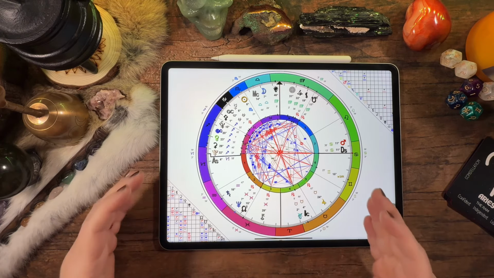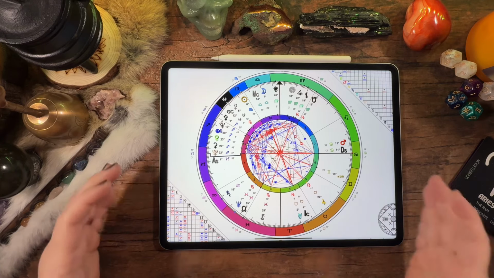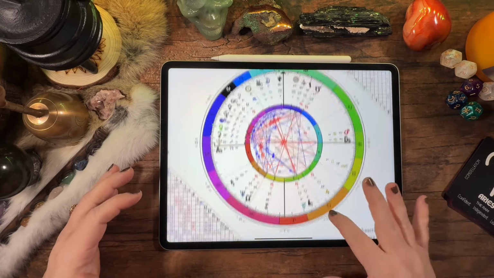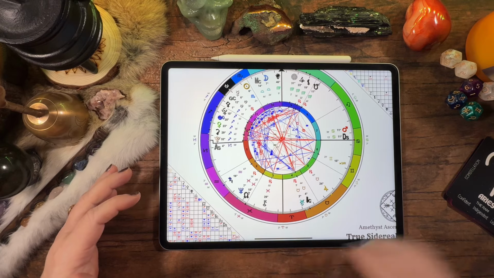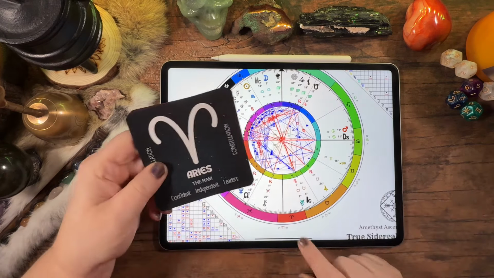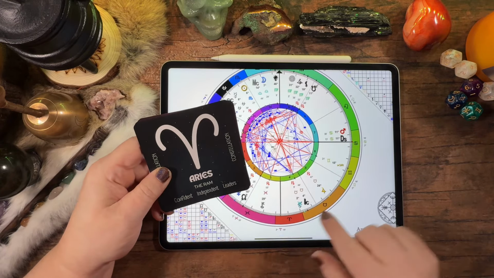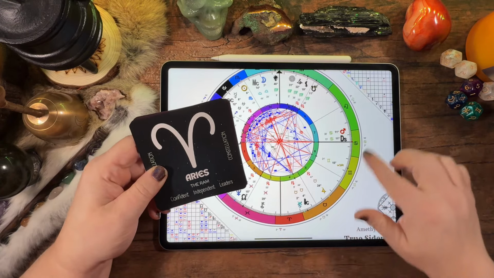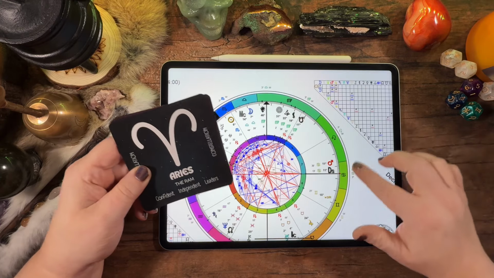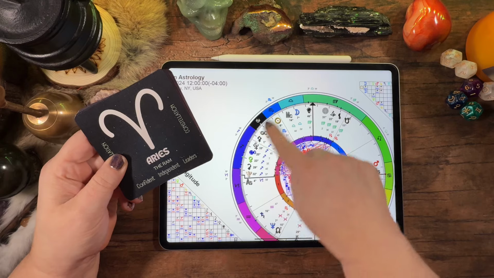It's not based on what is actually in the sky. True sidereal is based upon what is truly in the sky. So you will see we have Aries here. It looks a little bit different, but essentially this is Aries. Here's Taurus, Gemini, Cancer, Leo, Virgo, Libra, Scorpio, Ophiuchus.